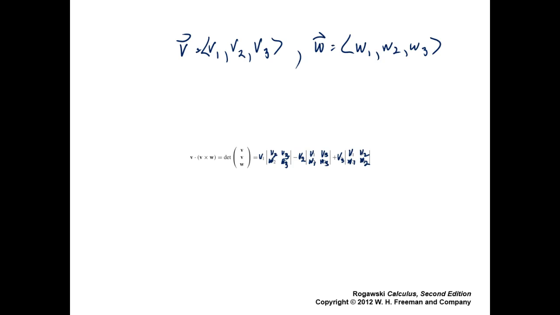Yeah, those add to 0. So both of those add to 0. We already got one of these out, and we've got a plus V2, W1, V3 minus V2, W1, V3. Yeah, sure enough, those two add to 0. Slug through it and you got it.